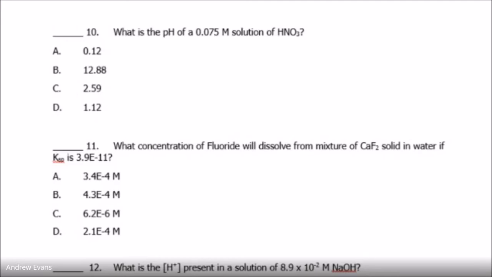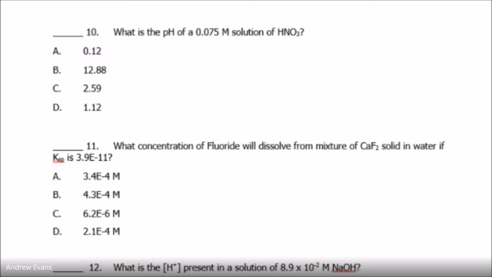Now, what concentration of fluoride would be dissolved in the mixture of calcium fluoride, Ksp of 3.9 times 10 to the negative 11th? This one's a little bit trickier than the last one because it splits into 1 calcium and 2 fluorides. So the Ksp expression is Ksp equals Ca2 plus times F minus squared, and F minus is 2x.